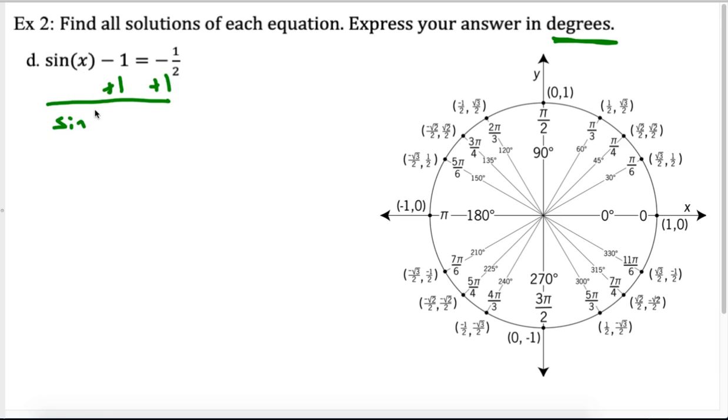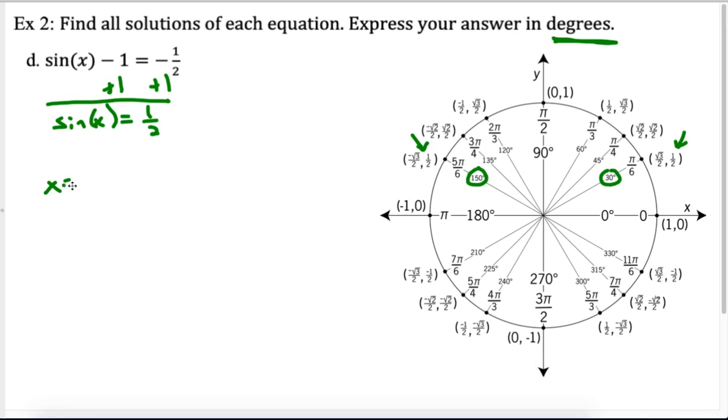So that will become sine of x equals positive 1/2. So now, once I have the trig function by itself, then I go to the unit circle and see where sine equals 1/2. So sine is the y value. So that's going to occur here and here. And if I'm expressing my answer in degrees, that's going to be 30 and 150.